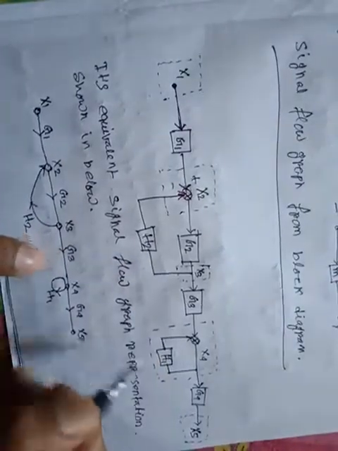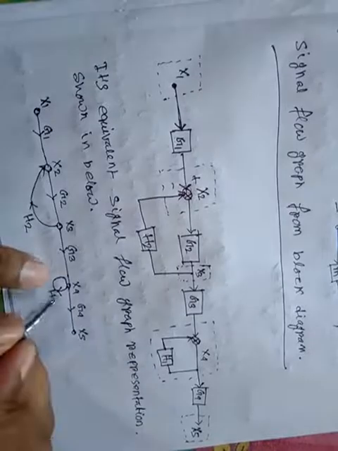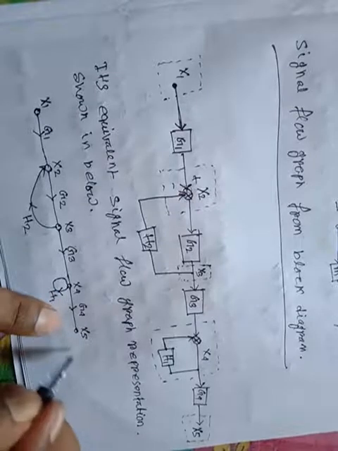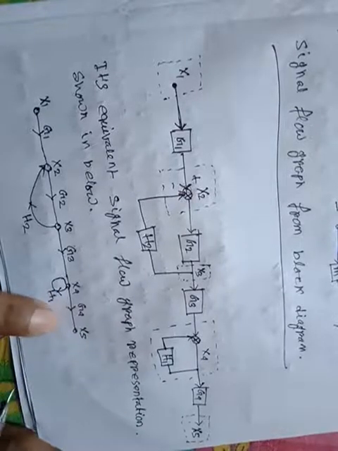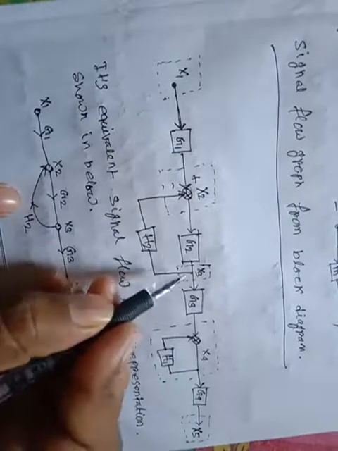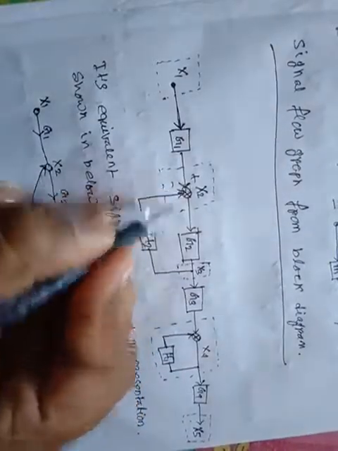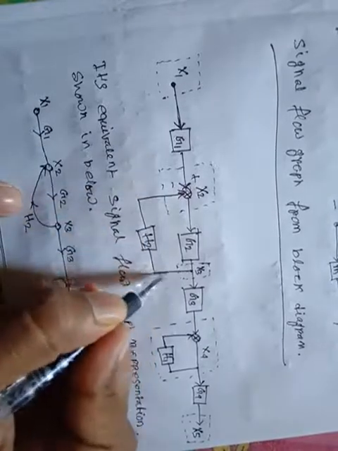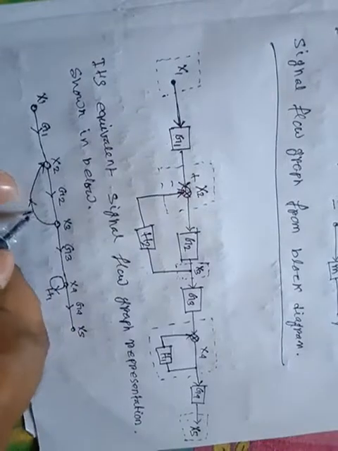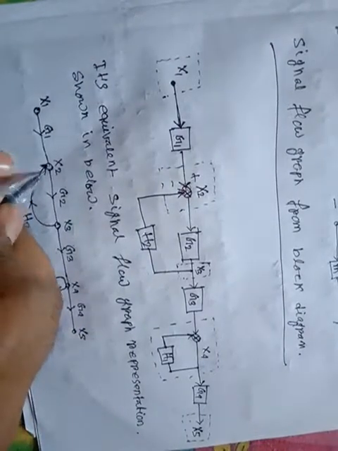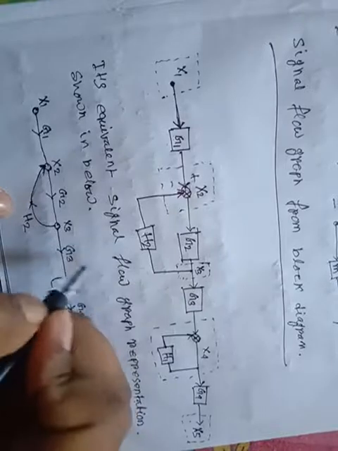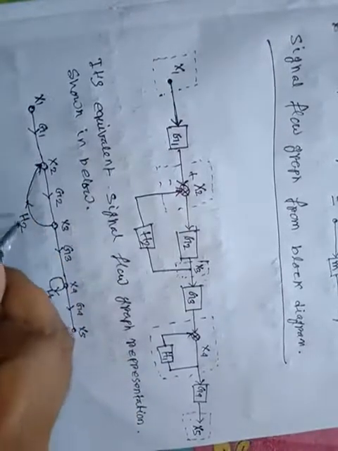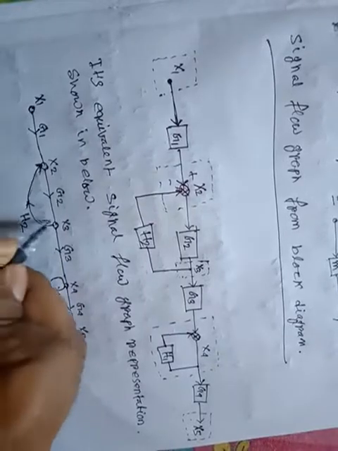The summing point and takeoff point form one node, x4, and the transfer function is g5, and the output is x5. x3 and x2 are connected through the feedback element h2. The output at x3 is connected to the input x2 through the feedback element h2.